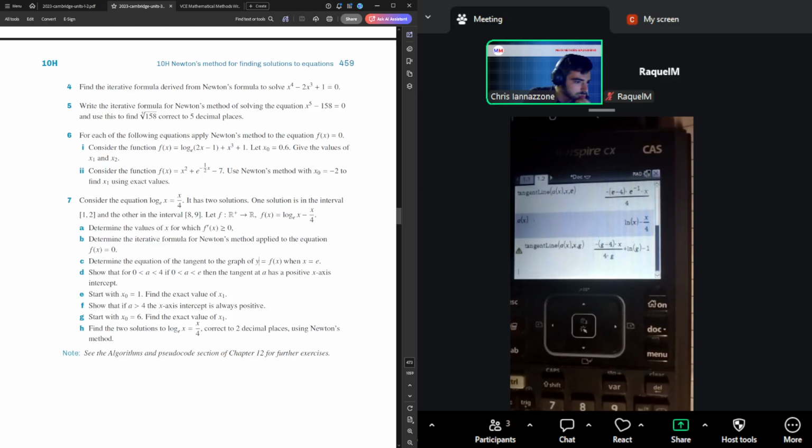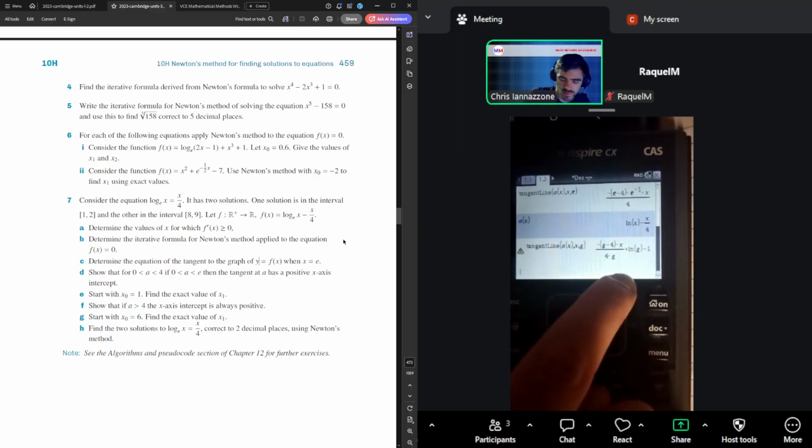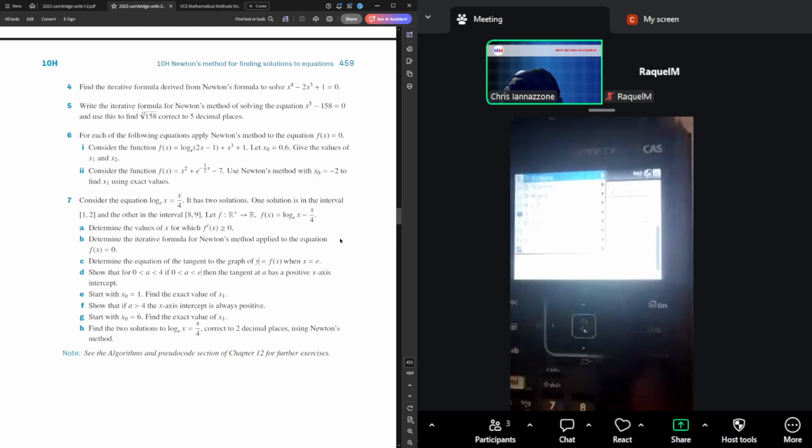But anyway, the more important part is obviously then going to be show that between 0 to e. For the show that, you can't necessarily just plug in values. One thing you could potentially do is have this equal 0 and then see what you get in terms of g, because this is the tangent line formula, and for function equals 0, you should get x-intercepts.